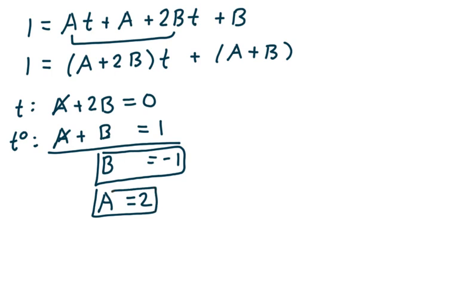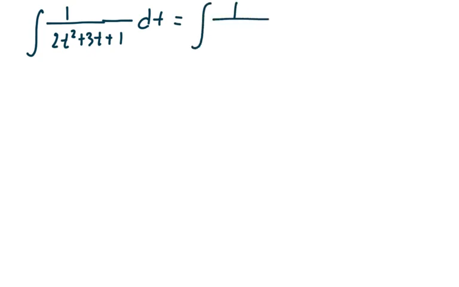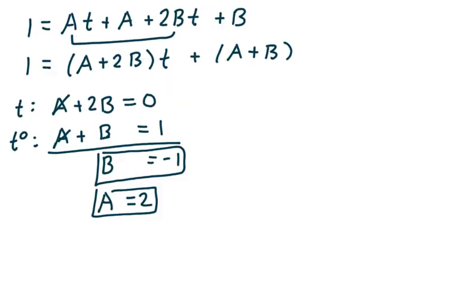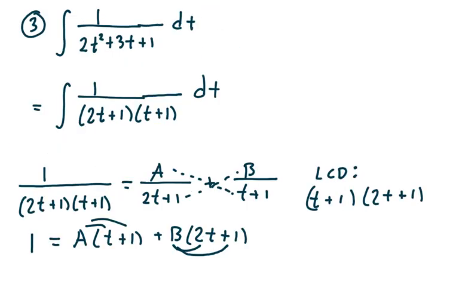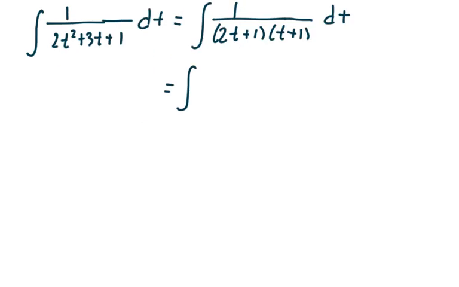And so let's come over here. I have the integral of 1 over 2t squared plus 3t plus 1 dt. This is the integral of 1 over 2t plus 1 times t plus 1 dt. This is the integral of, now let's remind ourselves, a went with the 2t plus 1.